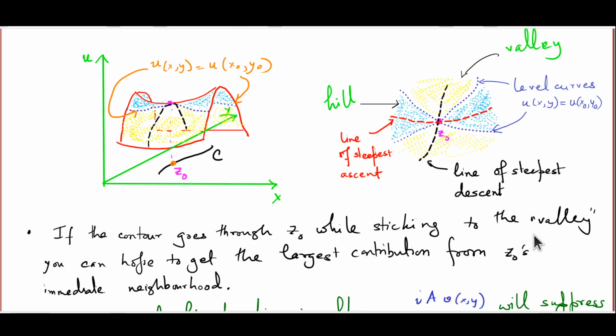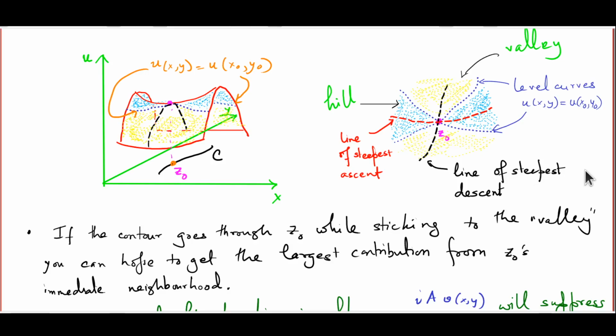So if your parameter a is large enough and thus causes a very steep change in the exponent, you can hope to get the largest contribution from the immediate neighborhood of the point z0, which is exactly what we used earlier when we talked about the contribution from the maximum dominating the result for the real integral.